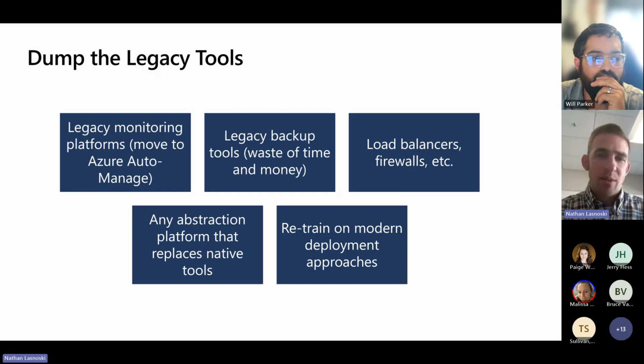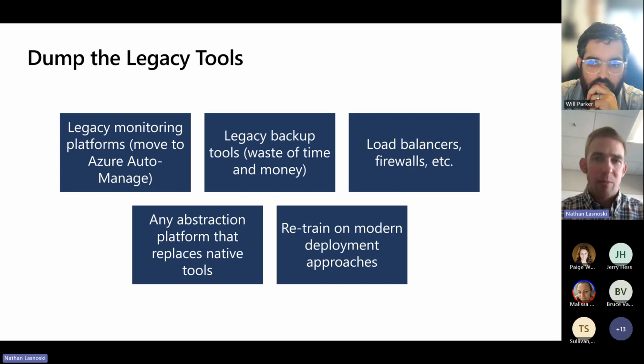If I was going to optimize an environment, one of the things we find that gives so much complexity is when companies pull legacy tooling over to Azure because it's what they used before. So their legacy backup tools, their load balancers, any abstraction platform that sits in front of native tools to deploy things, the monitoring platforms, the patching platforms.